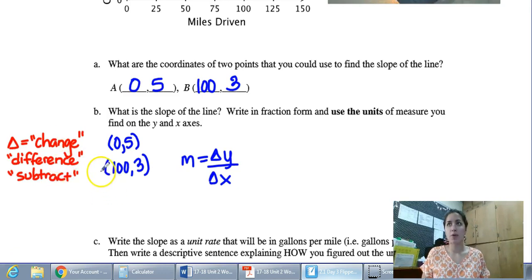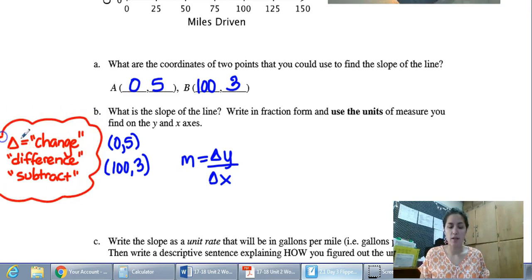So for example, if you were in the store and something cost $3 and you handed the cashier a $5 bill, your change would be $2 because 5 minus 3 is 2. So think of it that way. But using that triangle is very helpful as a shortcut. So we're reminding ourselves, change in y divided by change in x.